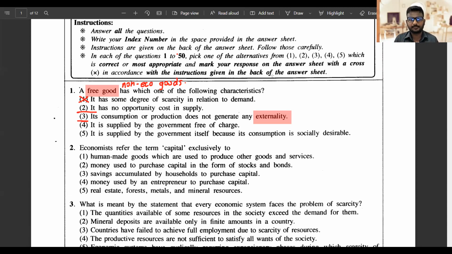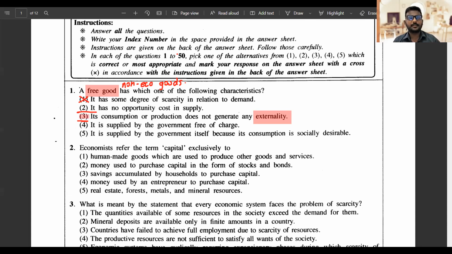That is an externality. You will learn that in detail in chapter 8. When we do chapter 8 questions, obviously you will come across a lot of externality related questions. So that's not something that defines non-economic goods. Externality can come from non-economic and economic goods. So that's not something that has the possibility of becoming the answer for this question. So that is also out.